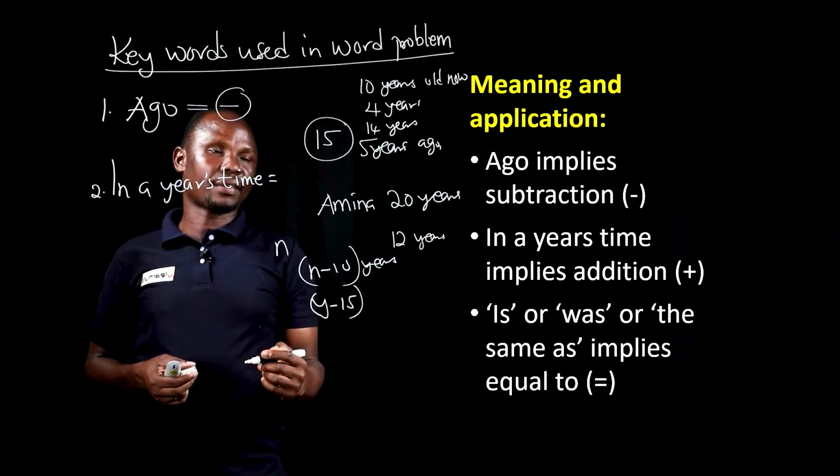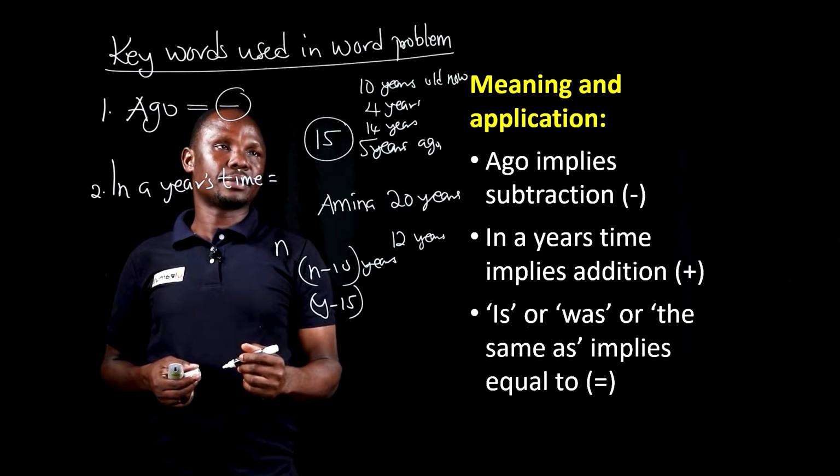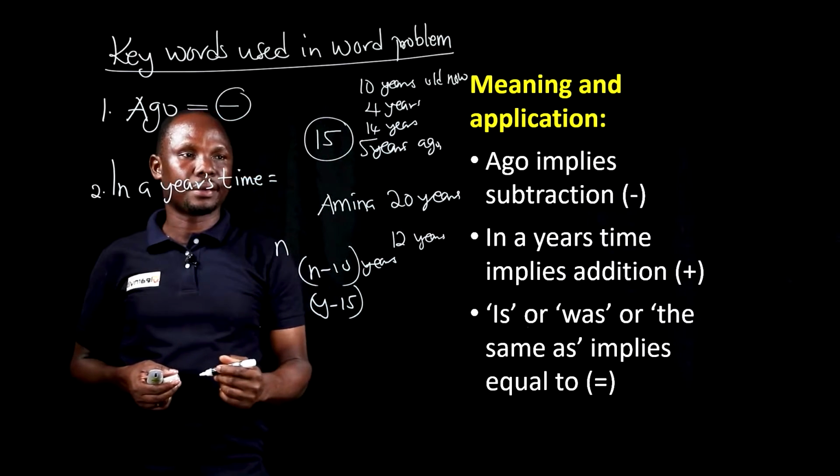How did I arrive at the 14? I added the 4 to the present age of Okeke, which is 10.